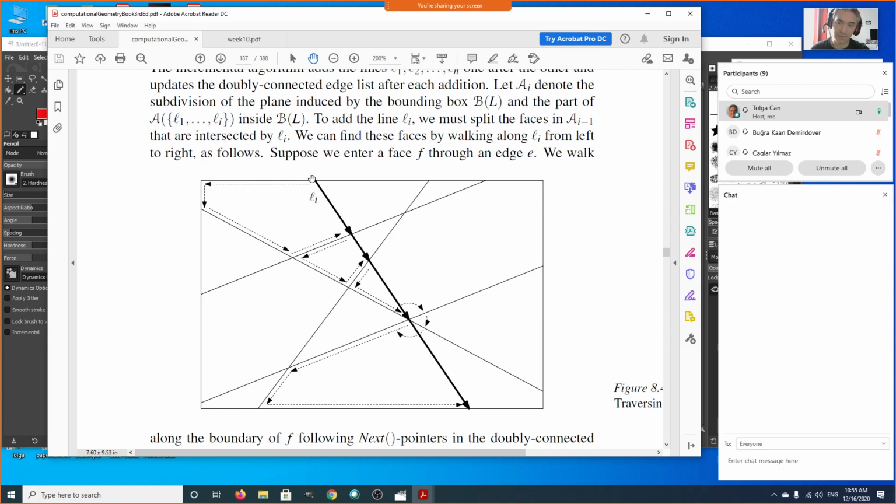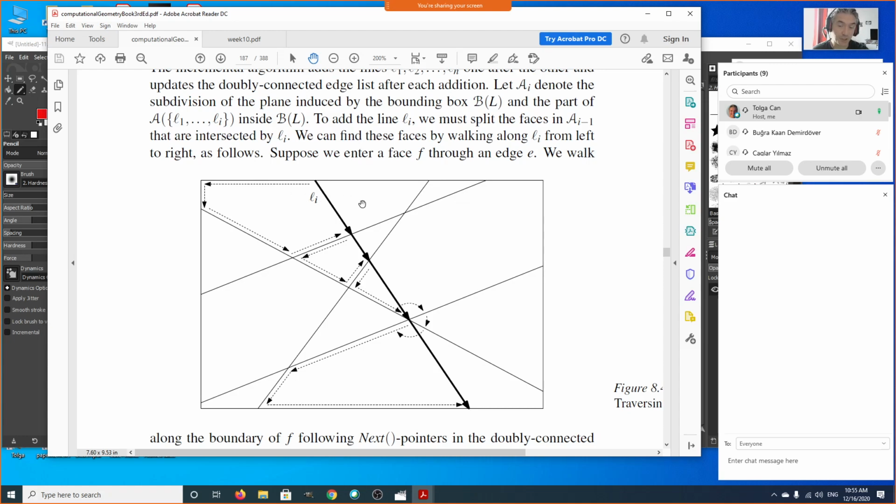The line is going to start intersecting our bounding box through some edge. It will enter the bounding box and it will exit the bounding box. While it's piercing through the bounding box, which faces are affected? Each face that this line intersects with has to split into 2 faces. Okay, so each line splits a face that it intersects into two faces.